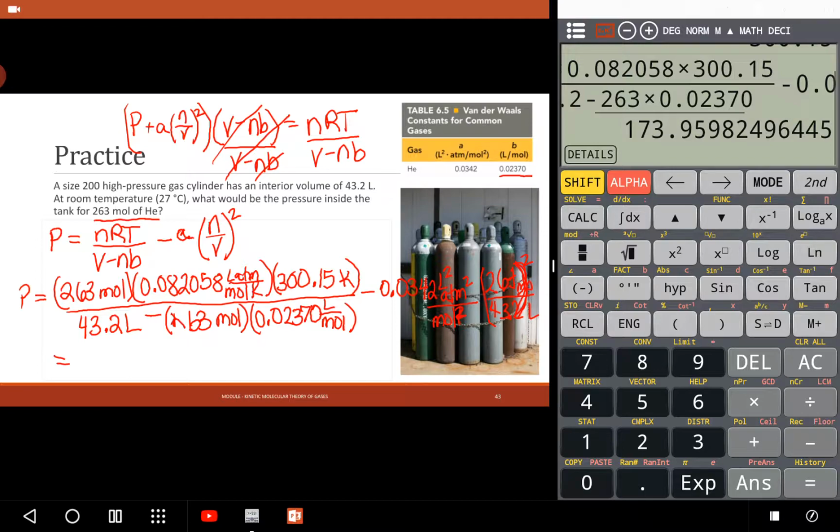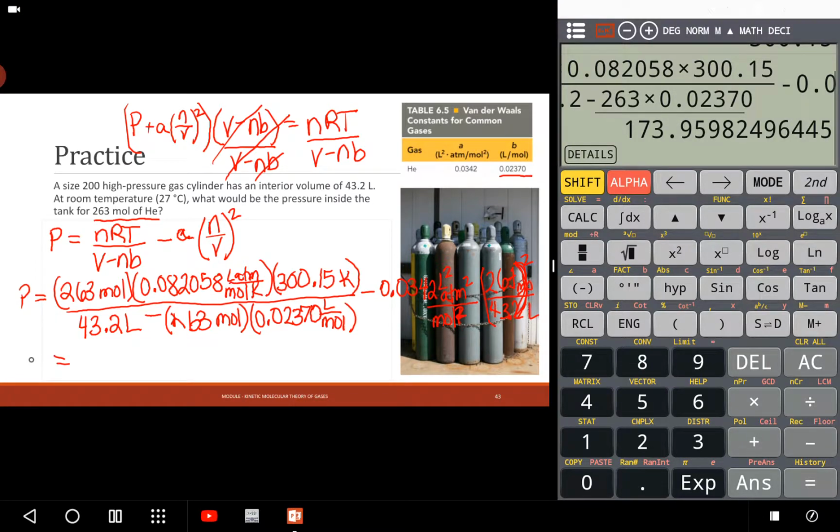And so that's 173 atmospheres. So my pressure is equal to 173.59 atmospheres. I'm going to round that to 3 significant figures, and so that's going to be reported as 174 atmospheres.